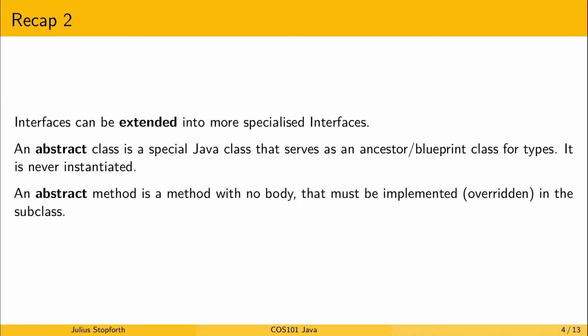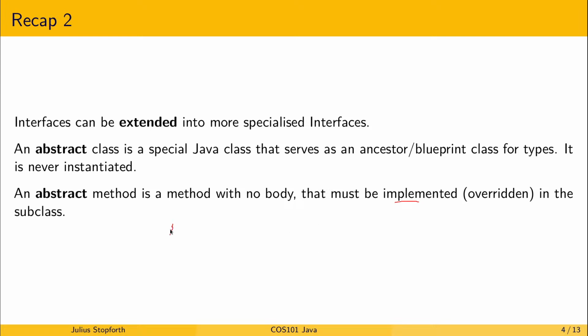Then within abstract classes, we had this concept of abstract methods. An abstract method is a method with no body that must be implemented, or rather overridden, in the subclass. I use the word implemented here to make you think of interfaces.